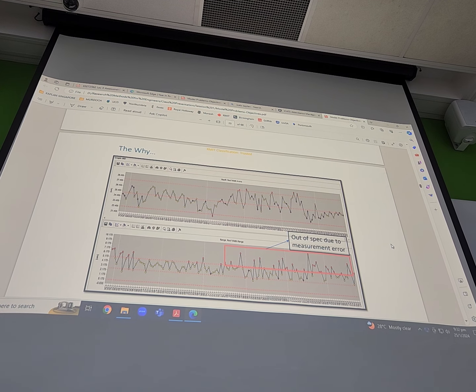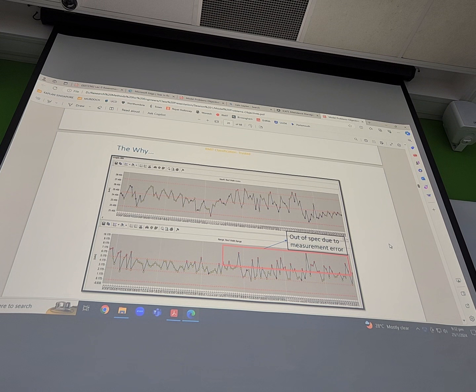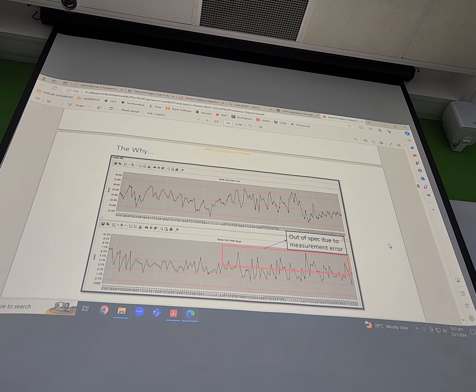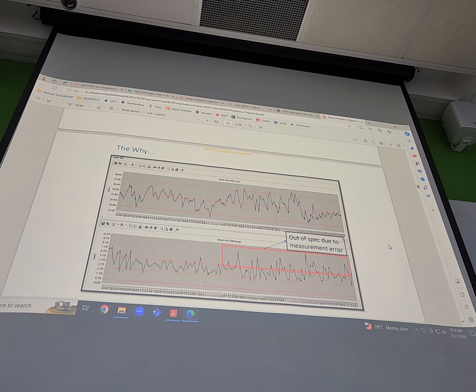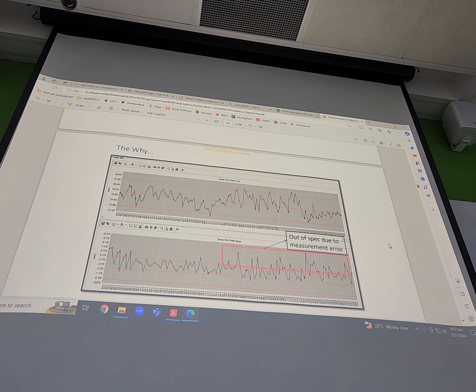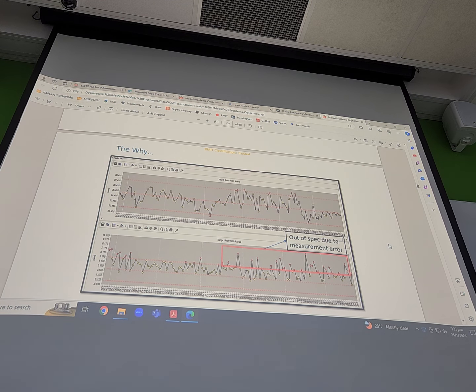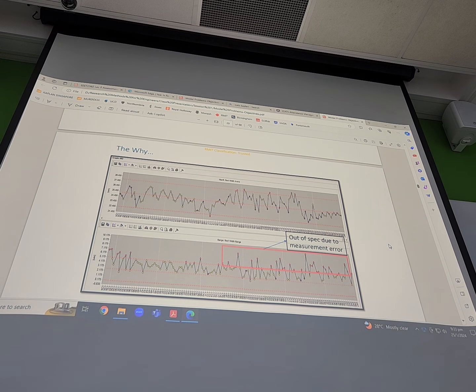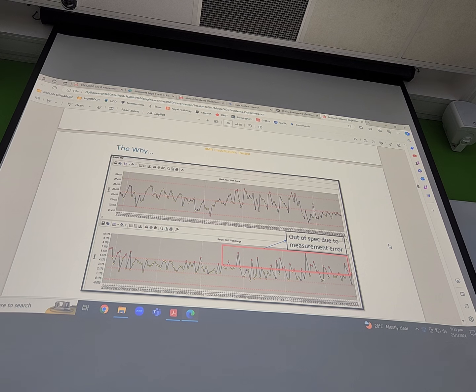So why? This is a bit of background analysis. This is basically a control chart. You can see there are many points which are going above the upper limit when you are collecting data manually. So this is operator's error in the collection of data. This is the motive for going for an auto measurement.